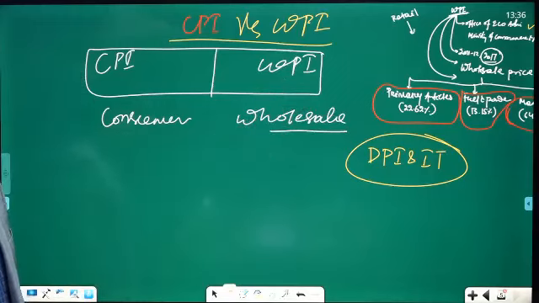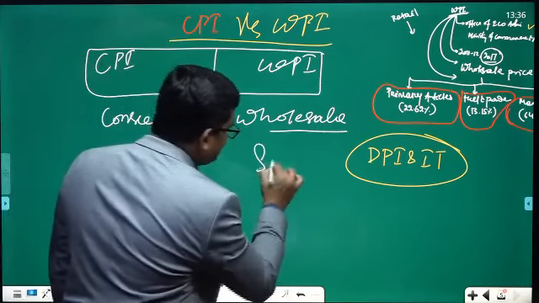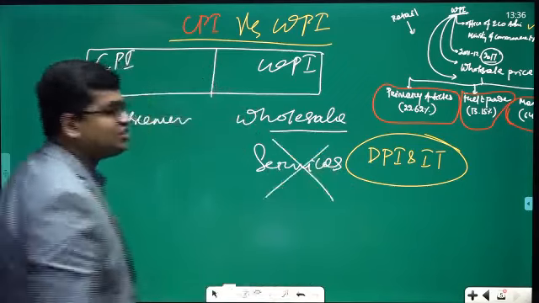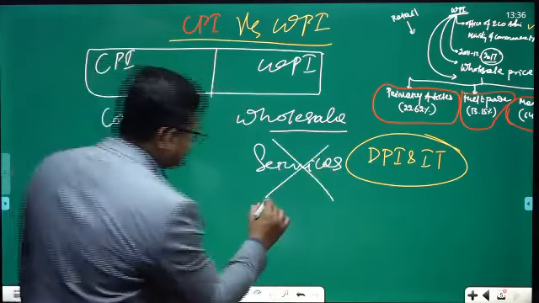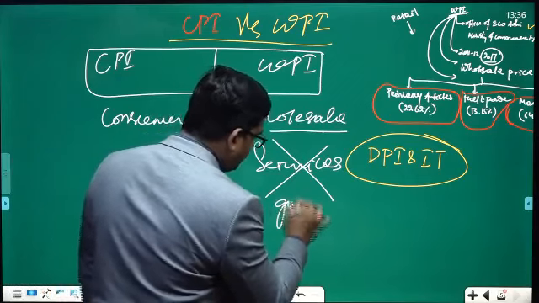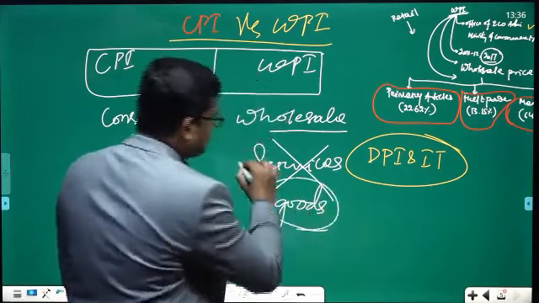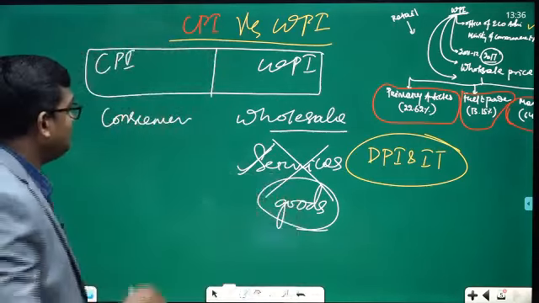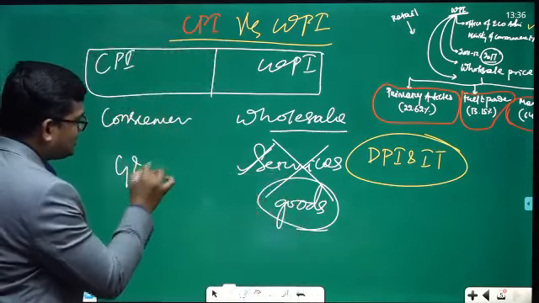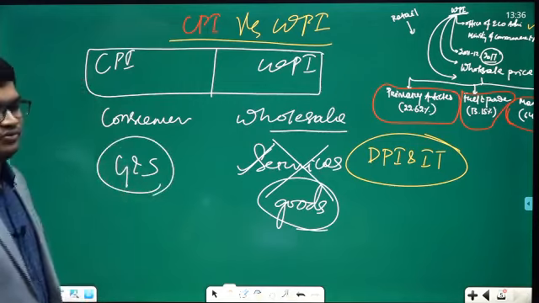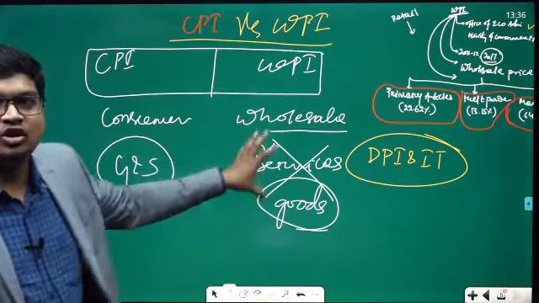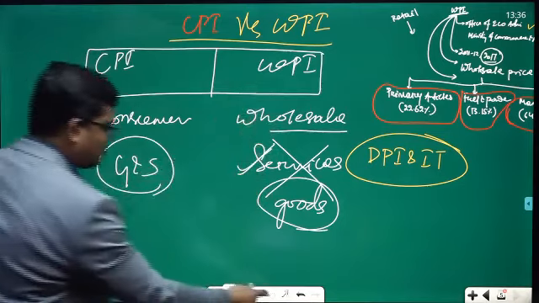The second is that WPI does not capture the change in services. It only captures change in the price of goods. But CPI measures both goods and services. CPI does that, but WPI does not. So this is the second difference.